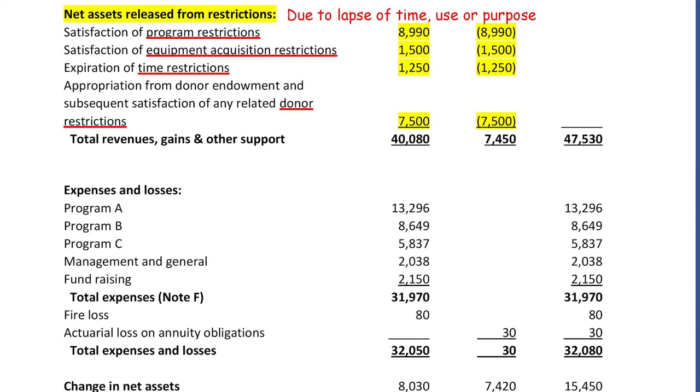Next section, you've got expenses and losses. So you've got expenses from program A, program B, program C, management and general, and then fundraising. Put a bracket there and write example of functional classification. And we're going to look at this on the next page.